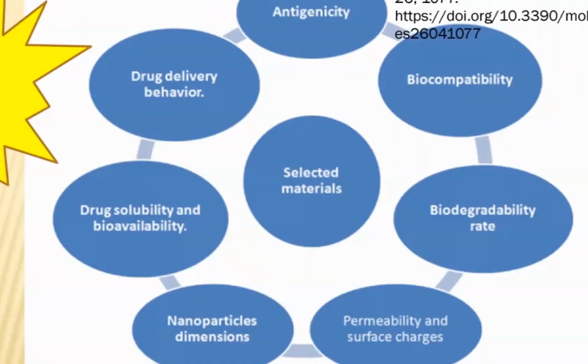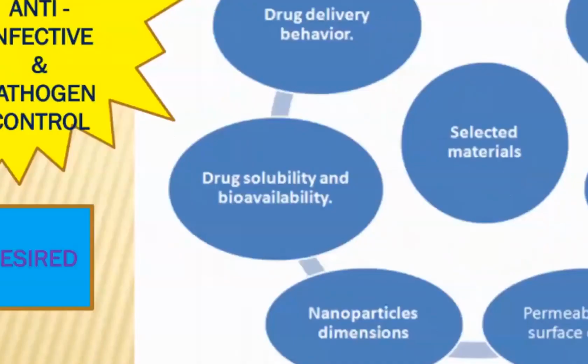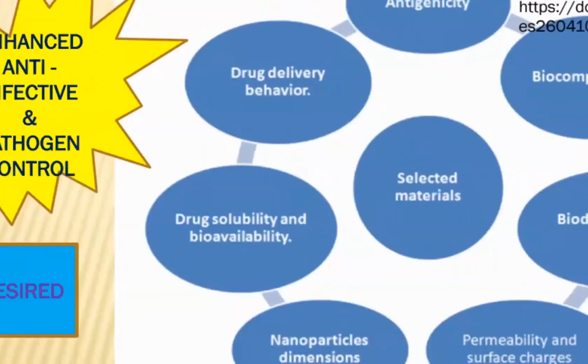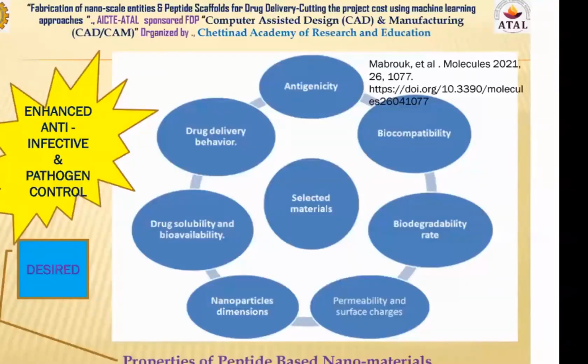The desired part is enhanced anti-infective and pathogen control. So in our peptide, we have seen that it is anti-pathogenic, and therefore an advantage is there with it. So other than all these properties, if there are some added benefits to it, it is a good peptide with which you can start working on.